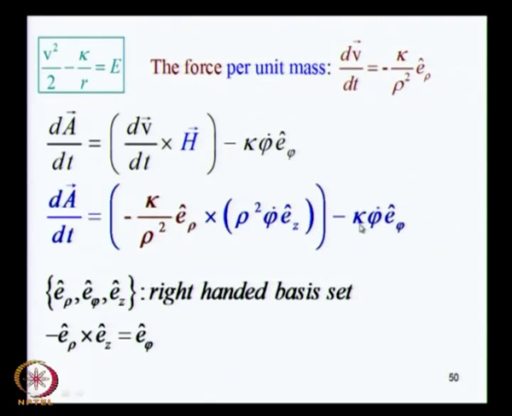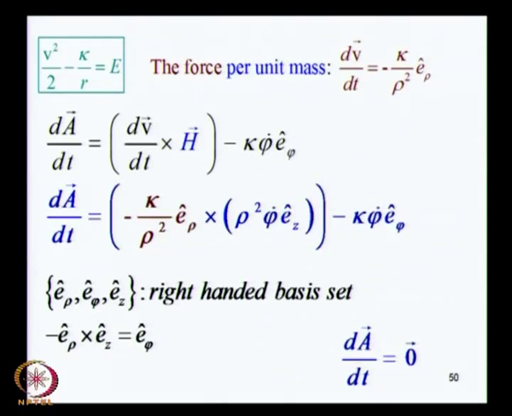You have got a kappa phi dot scaling the unit vector, and the first term and the second term are exactly equal, they cancel each other, and the time derivative of the Laplace-Runge-Lenz vector vanishes. So, we have reassured ourselves that the Laplace-Runge-Lenz vector is a constant.